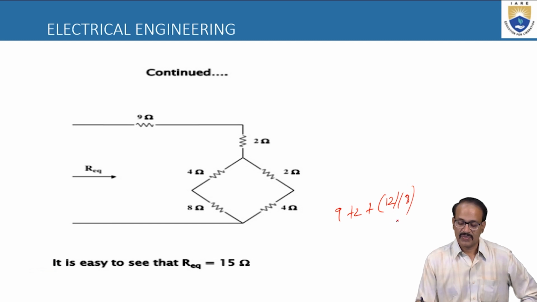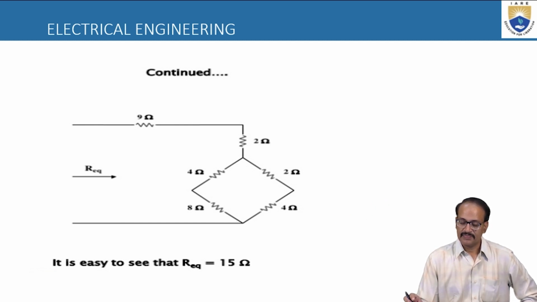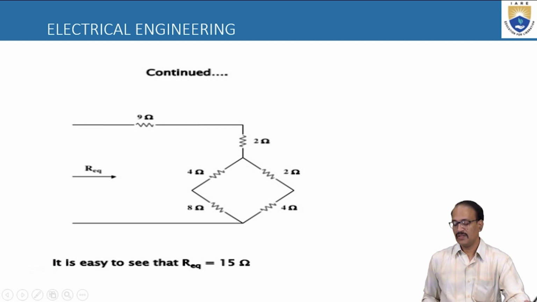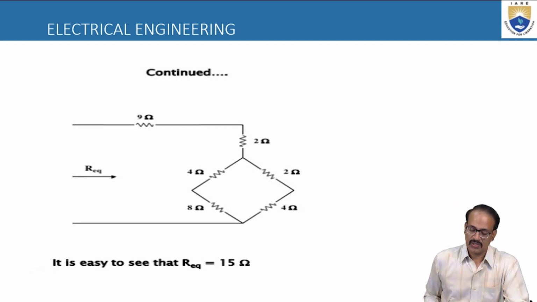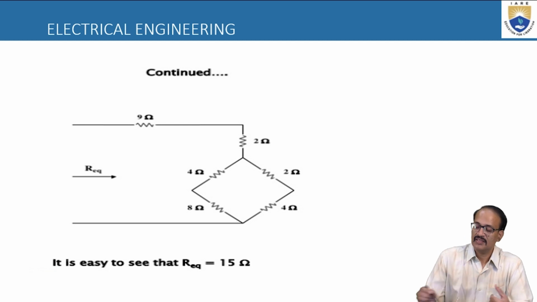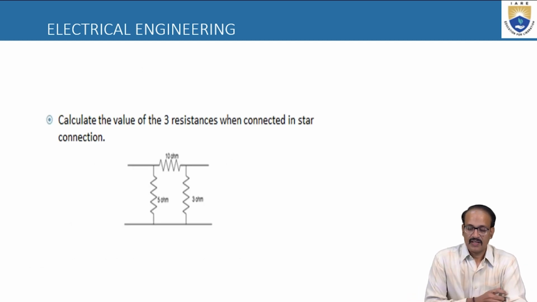So that is 12 into 8 by 12 plus 8. So if you simplify, you will get exactly 15 ohms as the answer. So this is how we are able to find the equivalent resistance in this thing.